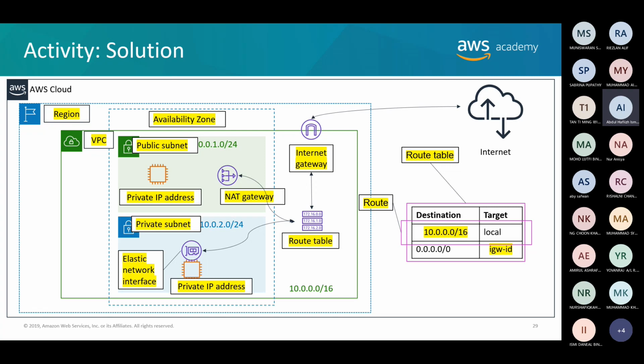So from private IP address, dia akan connect pada route table, dia pergi NAT gateway, and dia akan pergi ke internet gateway. So semua yang related dengan 10 dia akan masuk local. Semua yang nak pergi selain pada tu, dia akan pergi ke internet gateway.